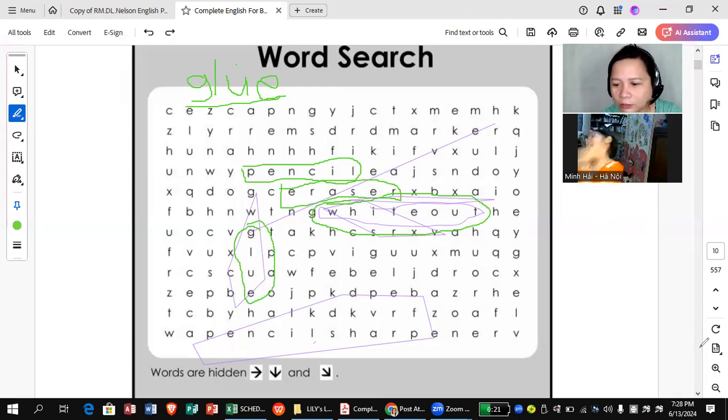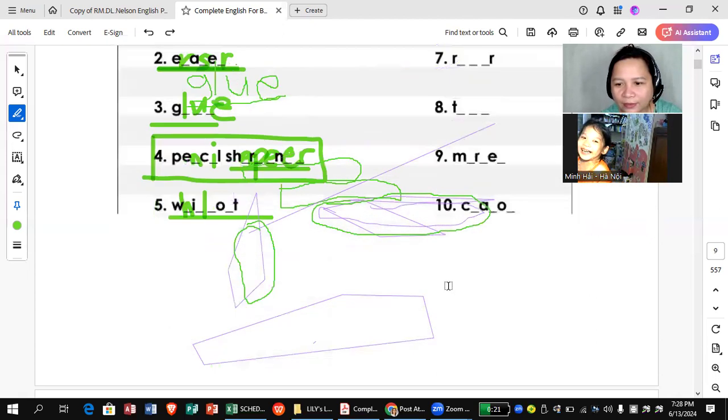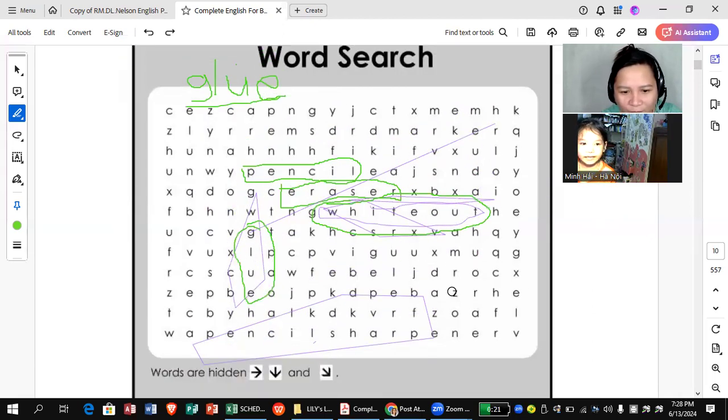Okay, how about pen? Pen starts with letter P. Oh, where is pen?